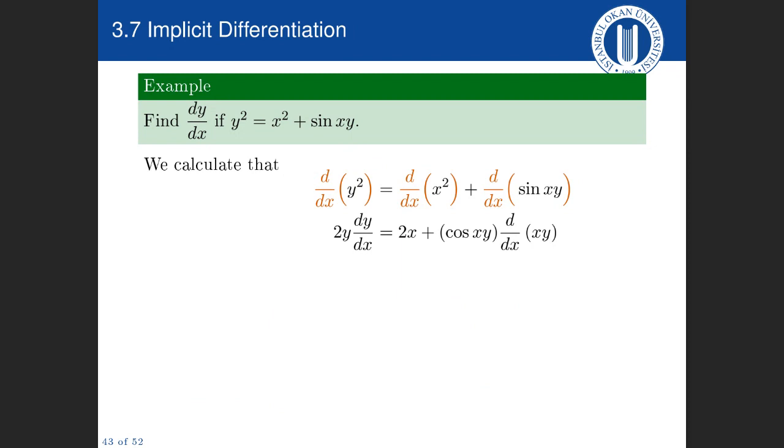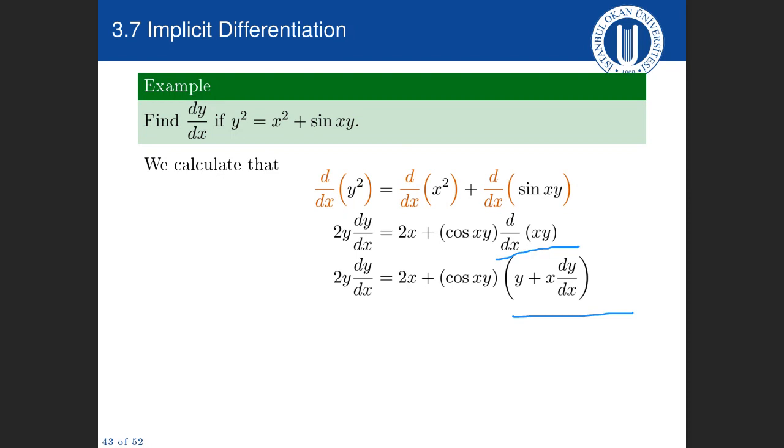Now we're not finished yet because we still have a derivative that we need to do. We have a function multiplied by a function. So now we need the product rule. Differentiate one of them and leave the other one as it is.